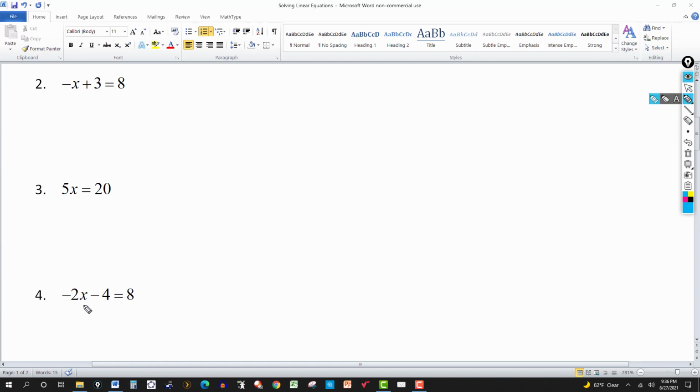Okay, the next one. Minus 2x minus 4 is equal to 8. So I have an x term on the left side only. So I just need to get rid of this minus 4. Take it over to the other side, just change the sign. It becomes a plus 4. Now simplify, combine terms, numbers with numbers, variables with variables. Minus 2x, and then 8 plus 4 is 12.